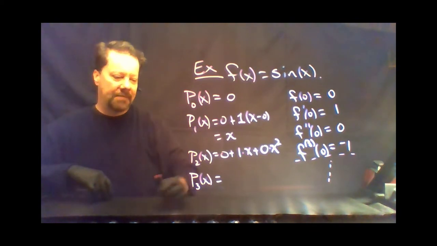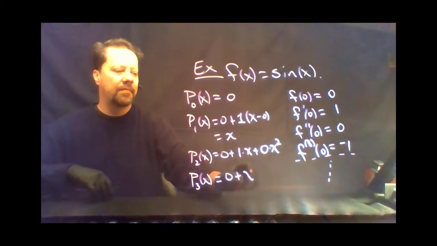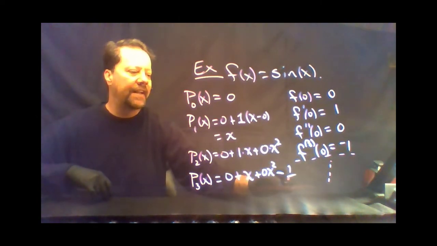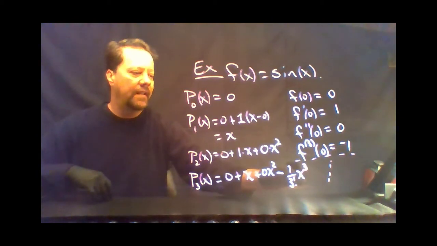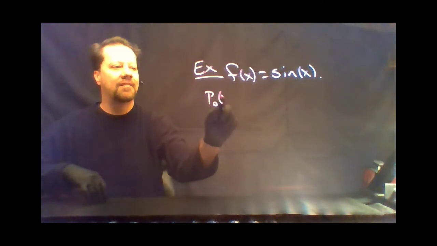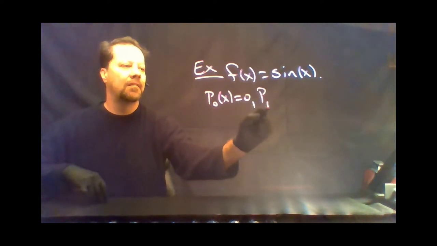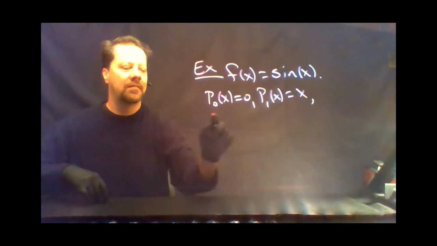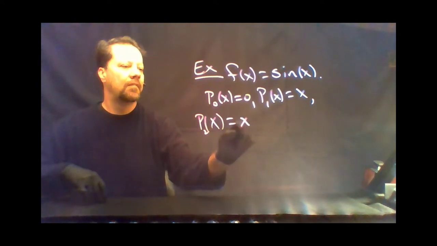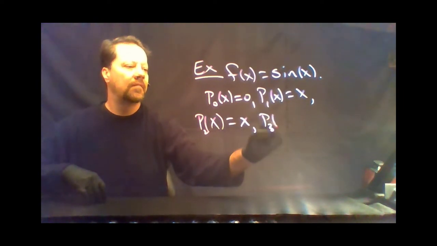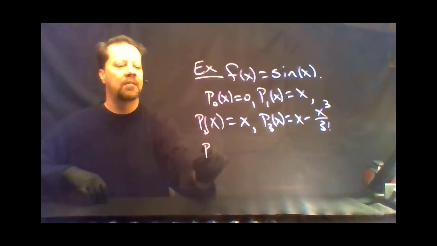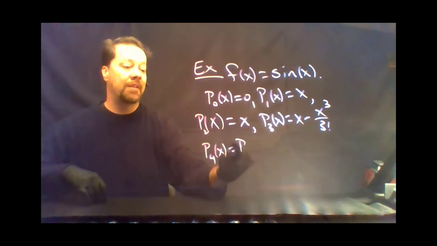For the third degree Maclaurin polynomial, we'll have minus 1 divided by 3 factorial x cubed. Continuing in this pattern, P4 of x is going to be P3.